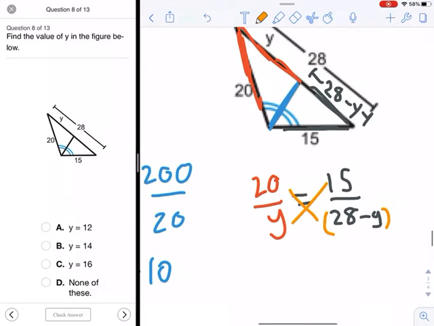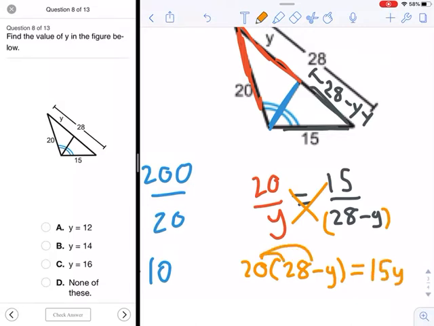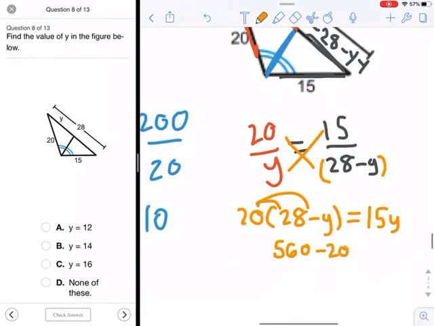Cross multiply. We're going to get 20 times 28 minus y equals 15y. Distribute that. We're going to get 560 minus 20y equals 15y.